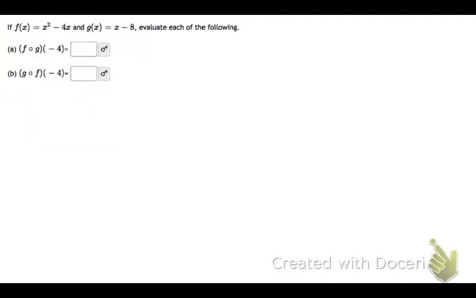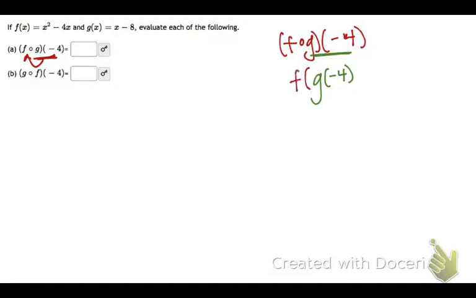So if we go to this, the open circle means composition, and it means that we're plugging this into f of x. Okay, so we can rewrite this like f of g of negative 4. Well, I can take this second piece, g of negative 4, and I'm going to plug it into the f function.